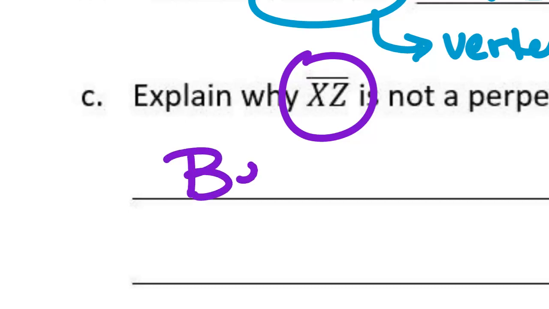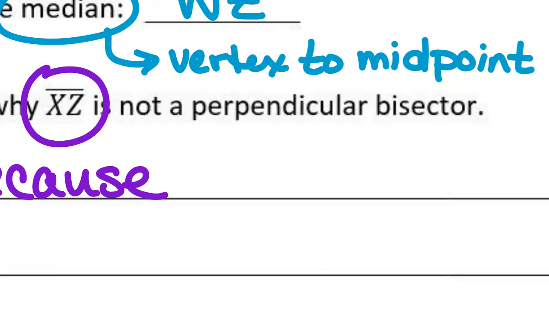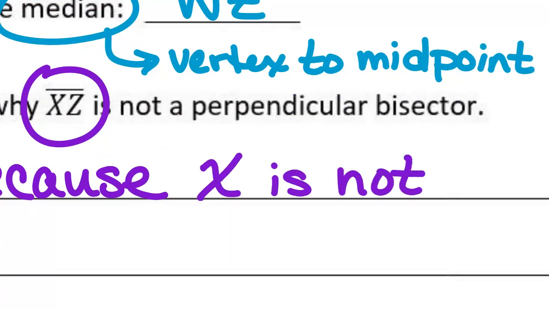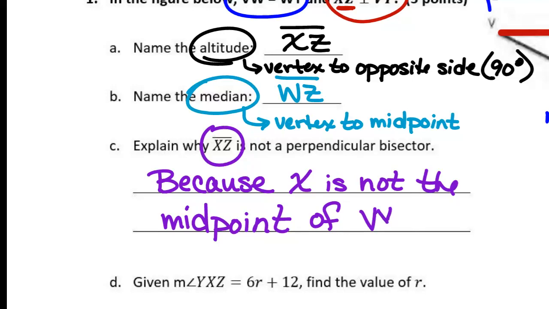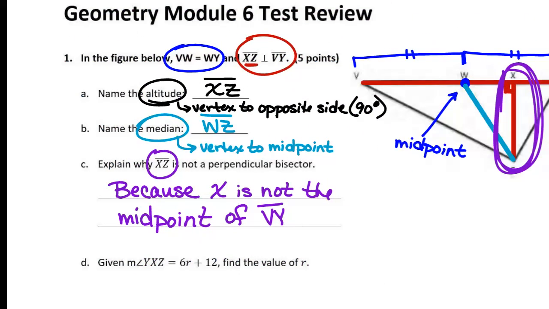So I'm going to say because X is not the midpoint of VY. You could say because XZ does not bisect VY, it can't be a bisector if it's not bisecting.